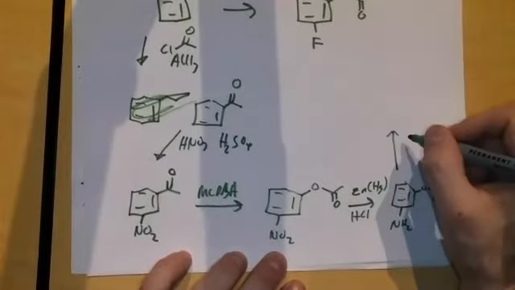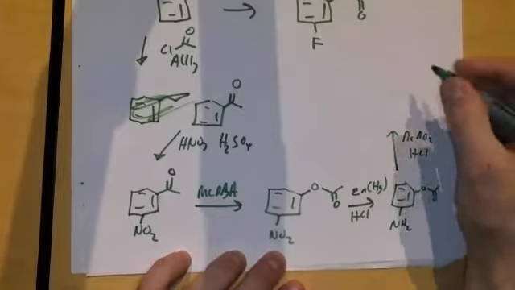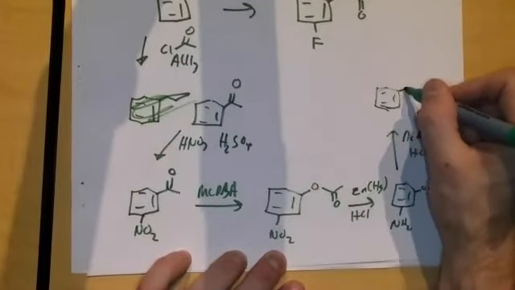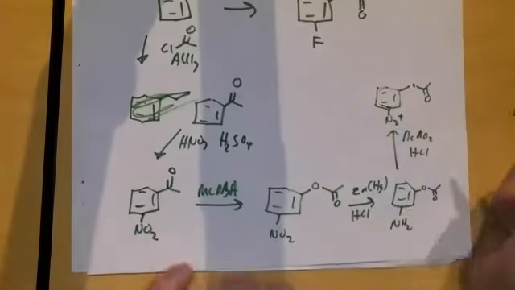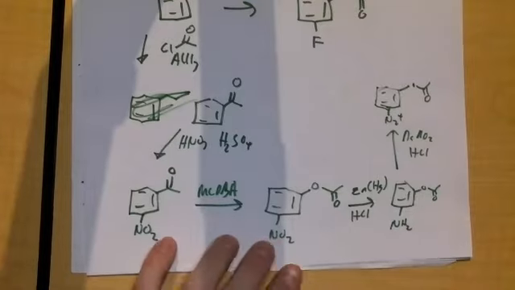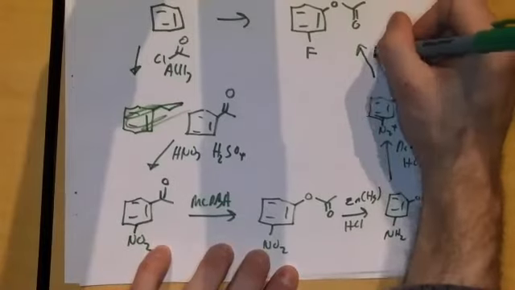Throwing in NaNO2, HCl is going to give me a diazonium. So N2 plus here. And the last step is HBF4.